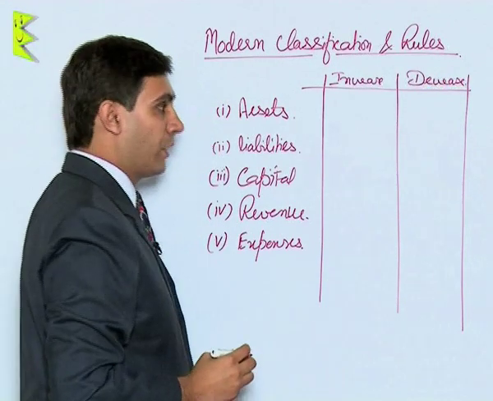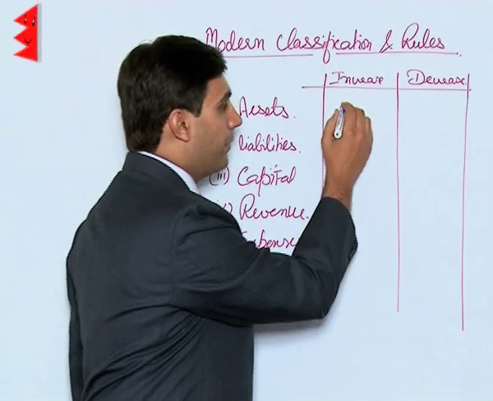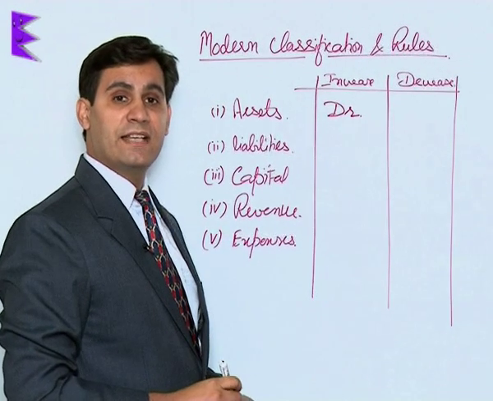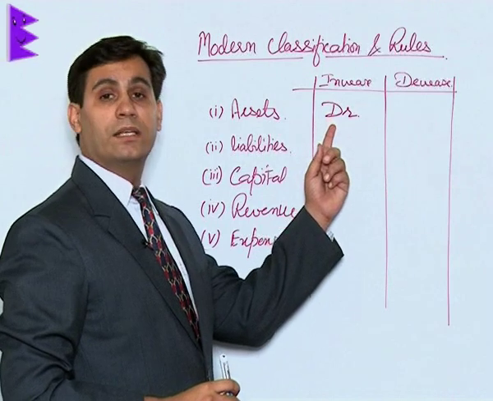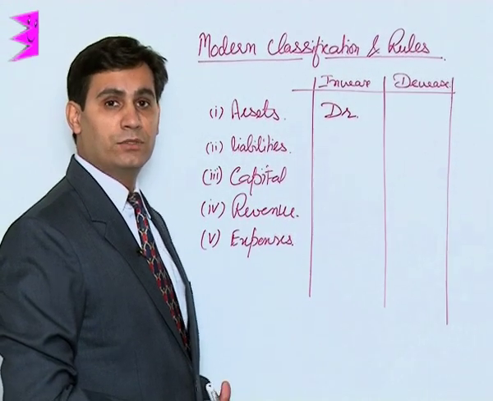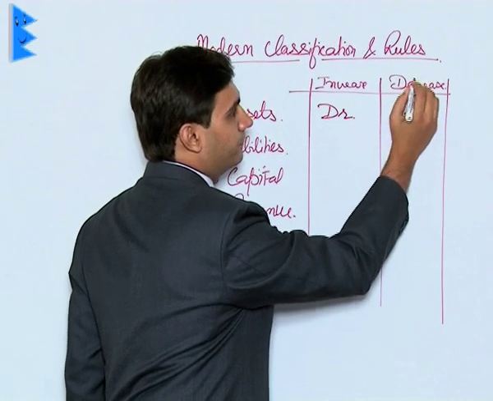Now students, if the assets increase, they are debited. The rule is, if there is an increase in asset, then it must be debited. Whereas, if the assets decrease or their values decline, then they must be credited.